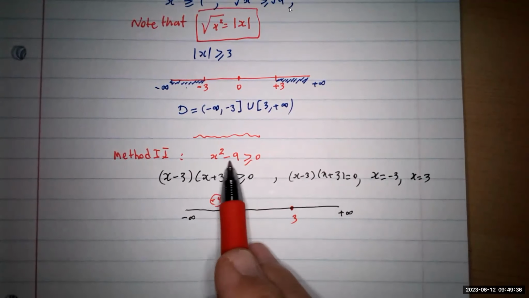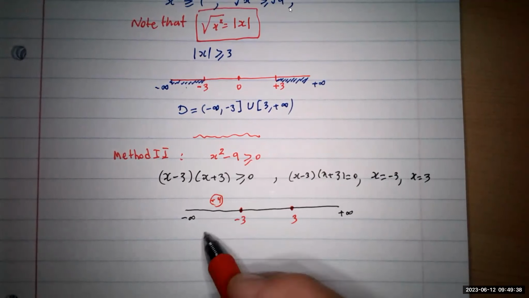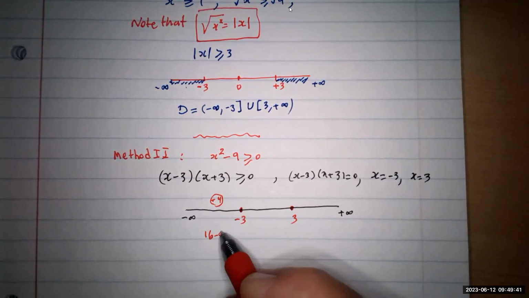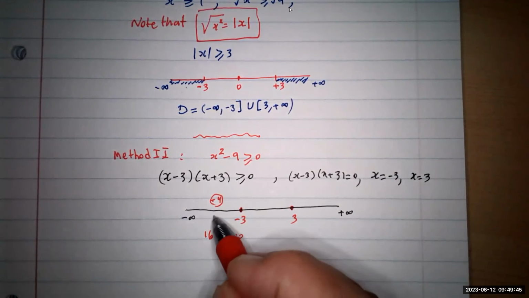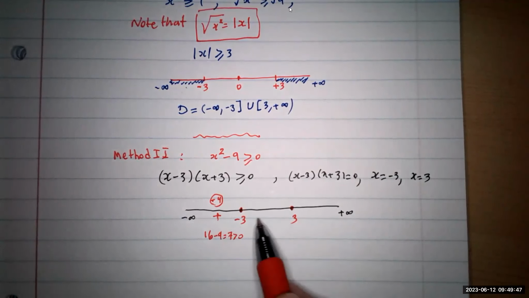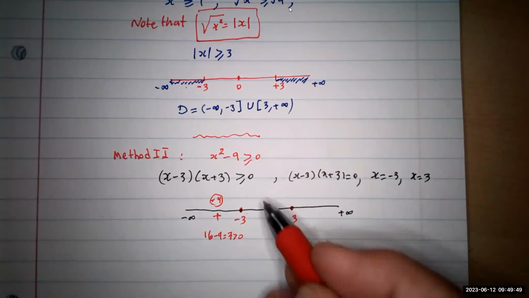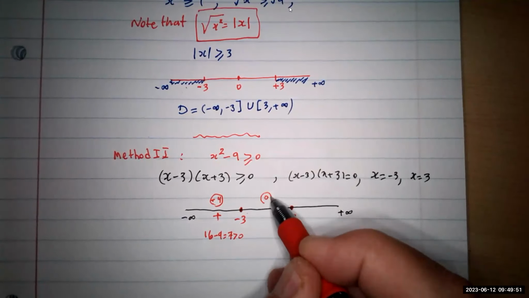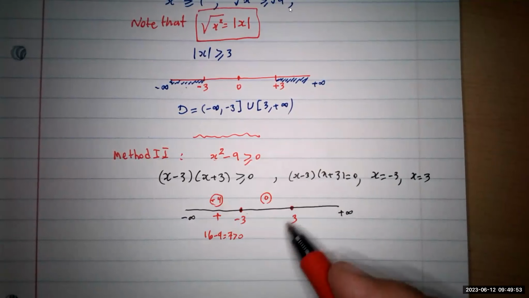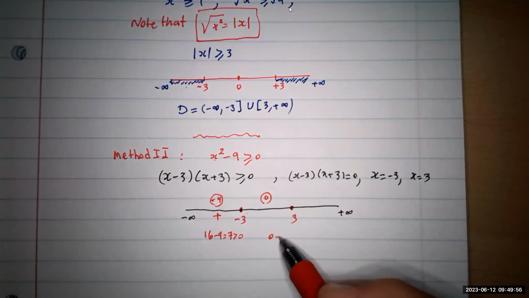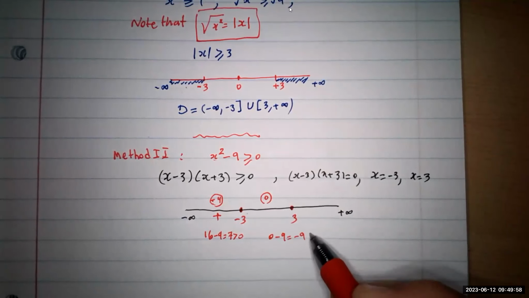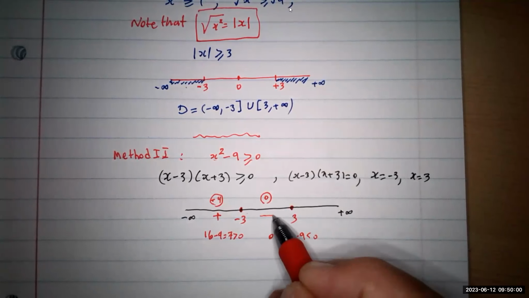and you drop it into this equation. That gives you 16 minus 9, which is 7, positive, so we say this is positive. In this region, you pick another number like 0, and you put it in, so that gives you 0 minus 9, which is negative. So this would be negative.